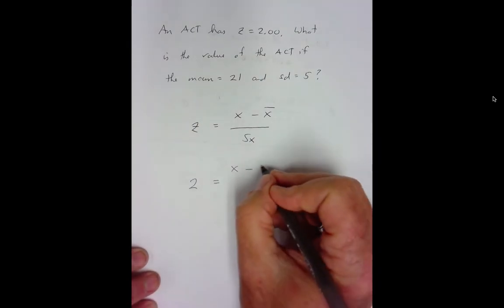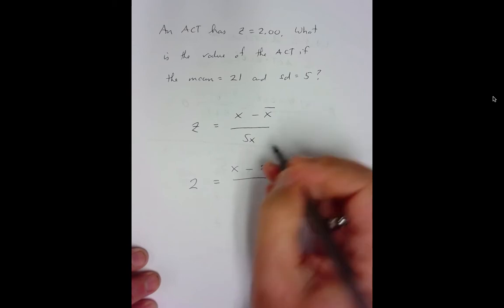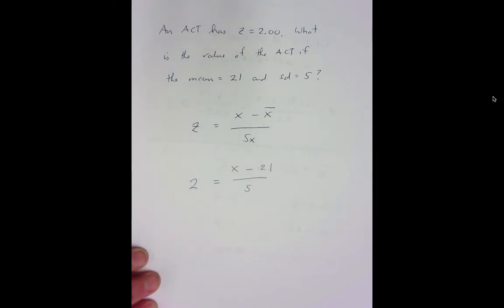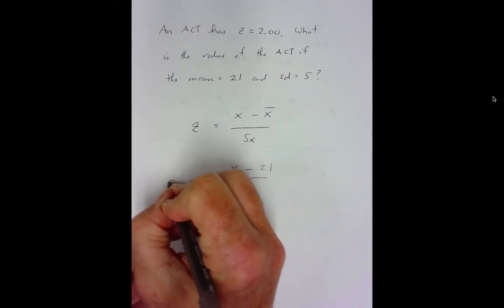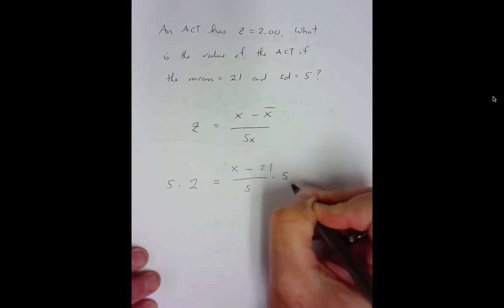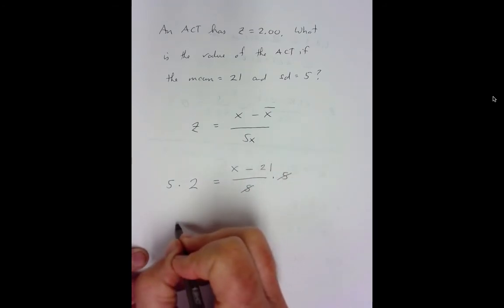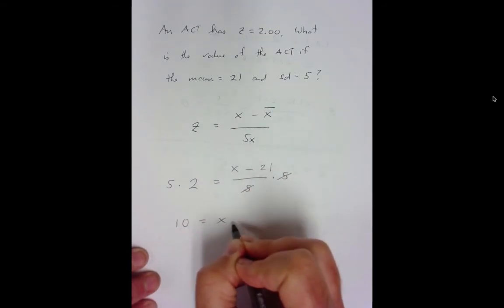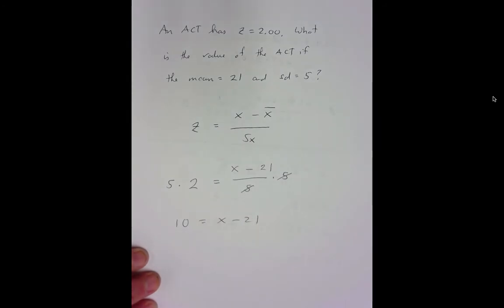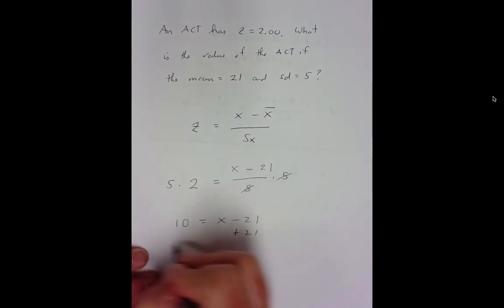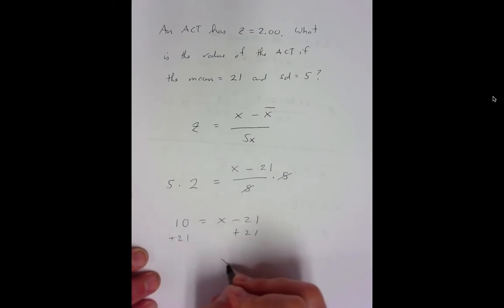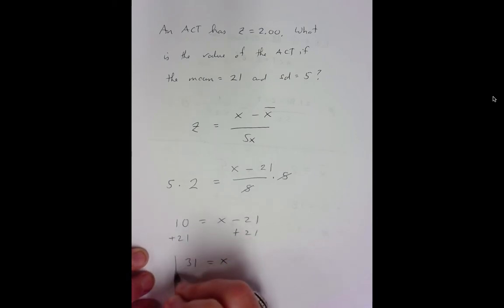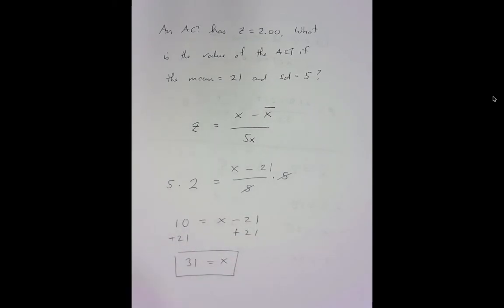We know the mean is 21, and we know the standard deviation is 5. Guys, multiply both sides by 5. So we get 10 equal x minus 21. Add 21 to both sides. So x in this case would be an ACT equal to 31.